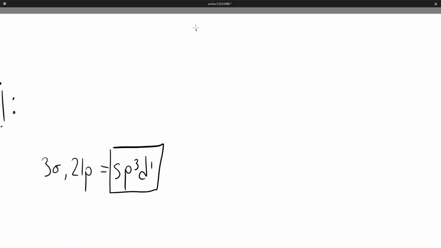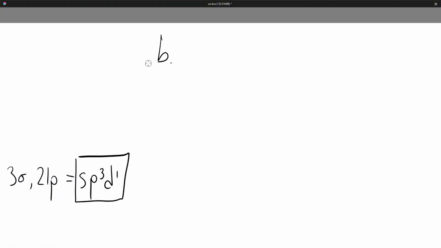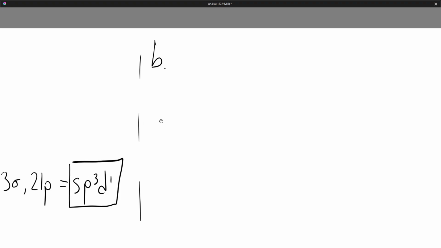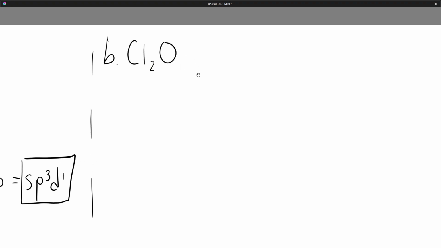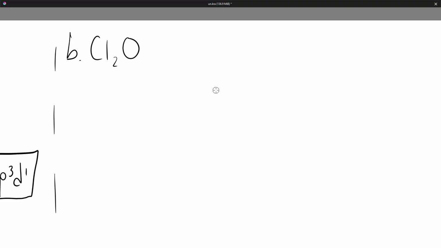Now for B, let's separate this real quick. It's Cl2O. So oxygen's the central atom, it's the least electronegative, and it's got 2 chlorines surrounding it.